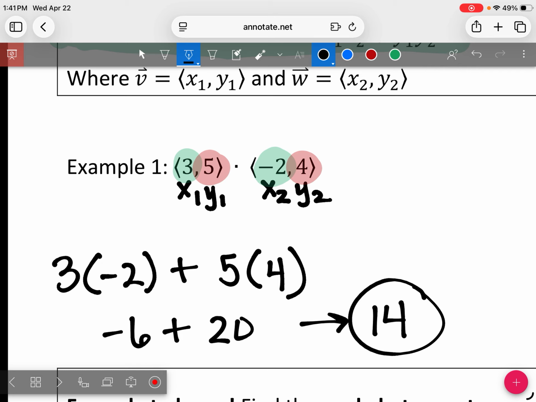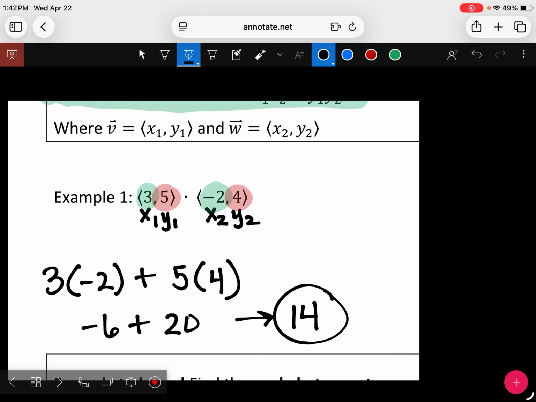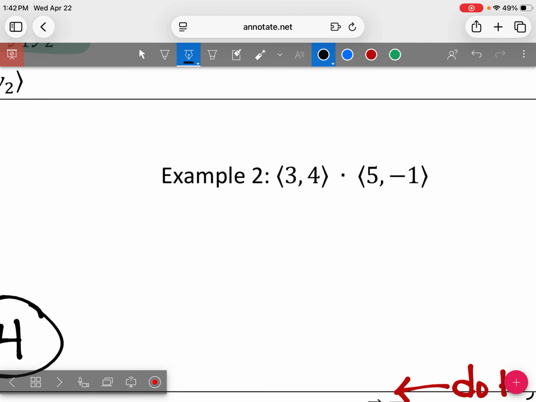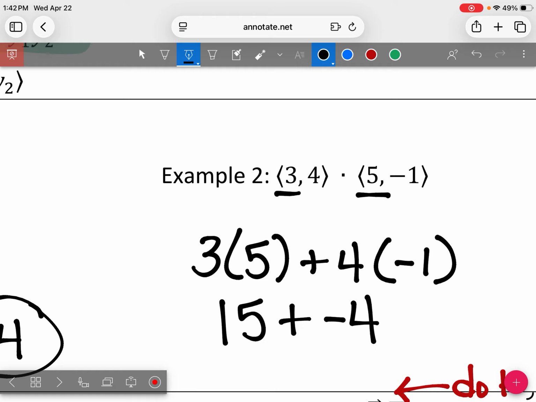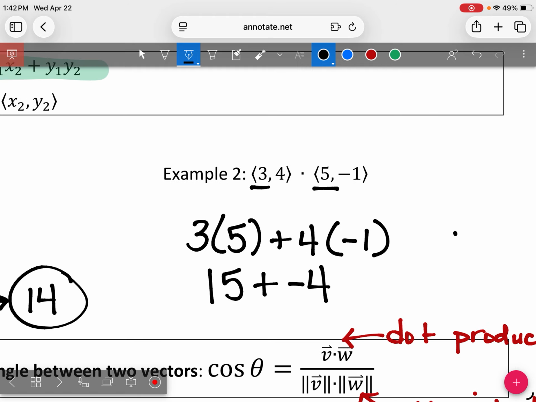Find the dot product. You should get 11.